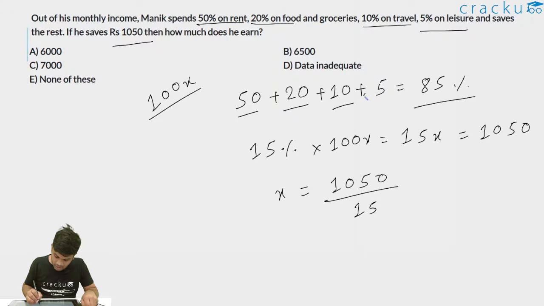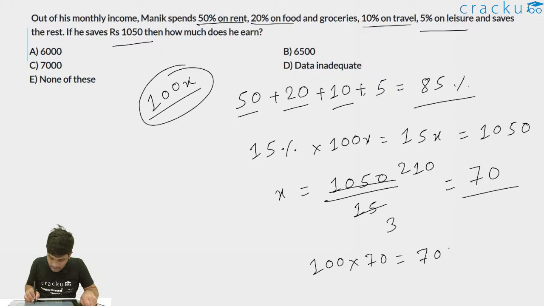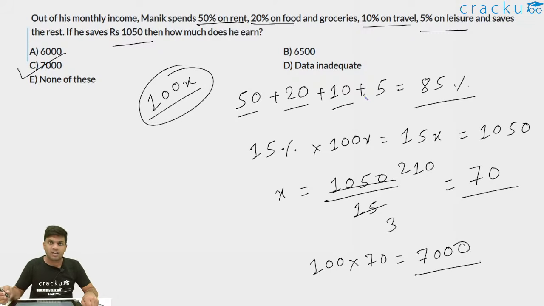When you calculate it, if you divide 15 by 5 in both numerator and denominator, it will be 3. It will be 210. And again, when you calculate it, you will get 70. So x is 70. So the monthly income is 100 into x. So it is 100 into 70, which is equal to 7000. So the answer is option number C, which is 7000.